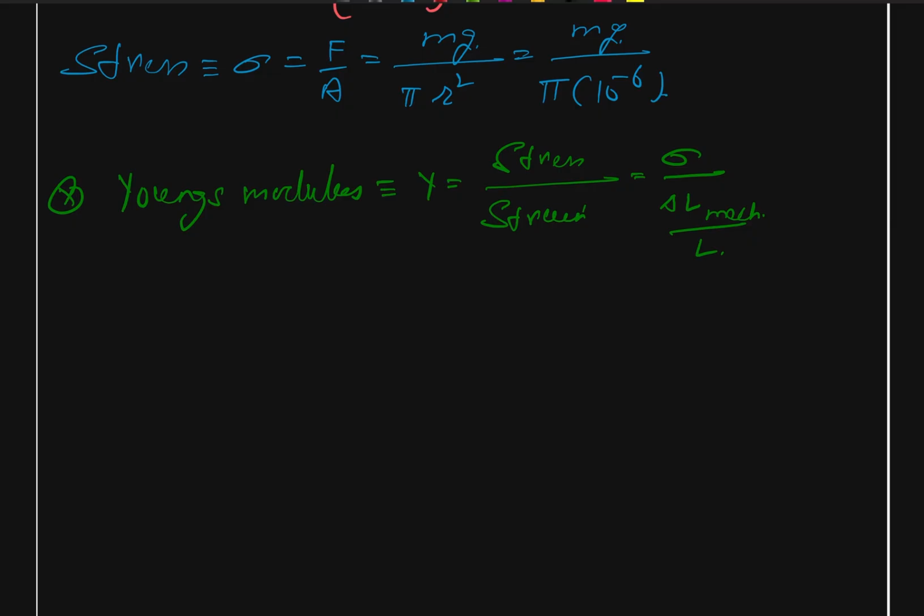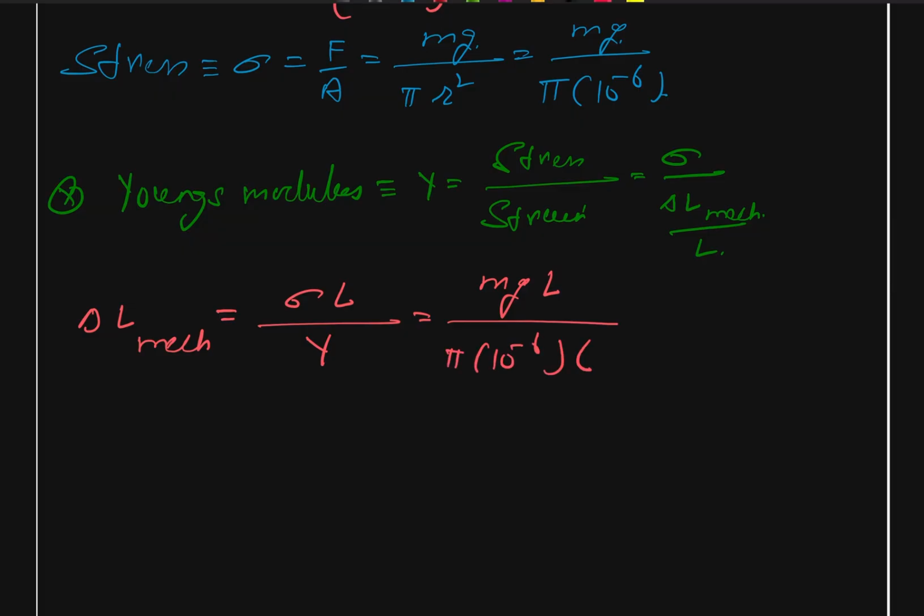The change in length because of the mechanical force will be equal to sigma times L divided by Y. Sigma is mg over pi times 10 to the power minus 6, and Y is given as 10 to the power 11.